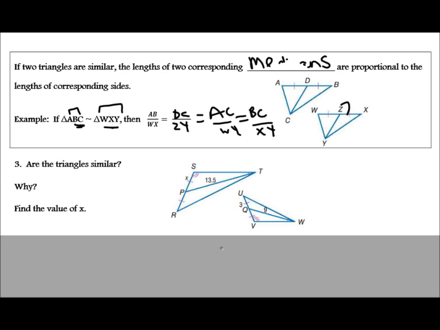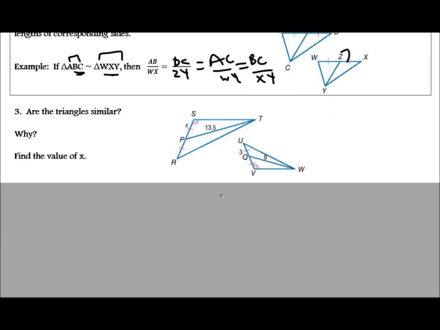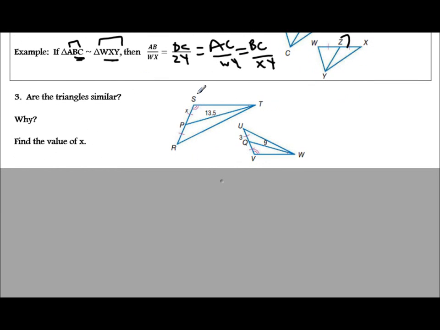So in example 3 it says, are the triangles similar? And we can see that there's angle S congruent to angle V, and angle T, I know it's hard to see, but there is an arc here and there's an arc here, congruent to angle W. So yes, these two triangles, RST, is similar to UVW because of the angle-angle similarity.